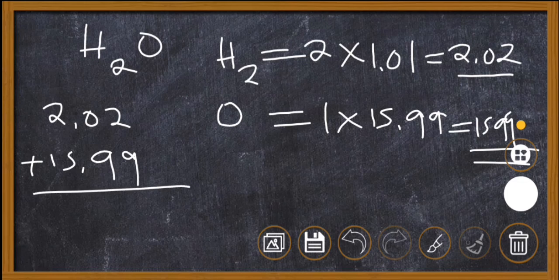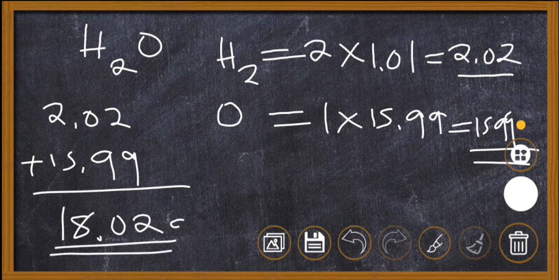So what is the value when we add the 2? Of course we are going to have 18.02. So this is the total mass for what? For the compound of water.